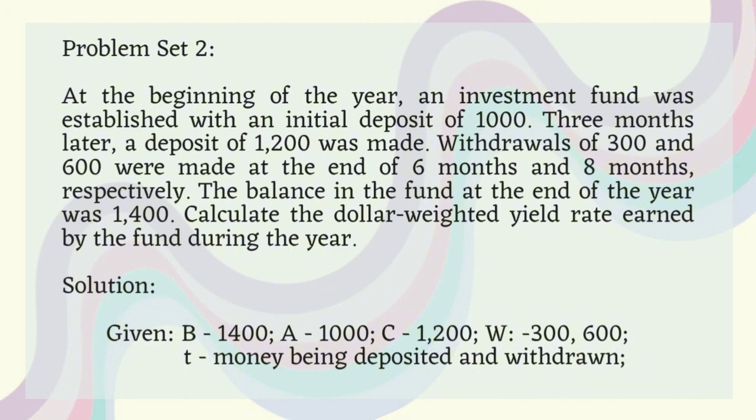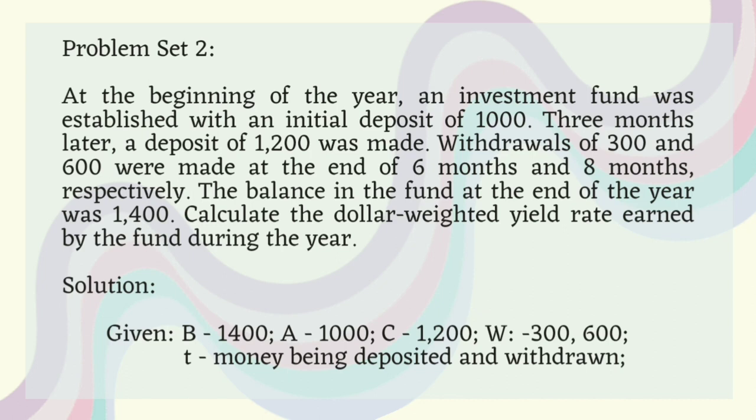I will give you a minute to solve. So here's the solution. Given: B is 1,400. A is the beginning balance, 1,000. C is 1,200.